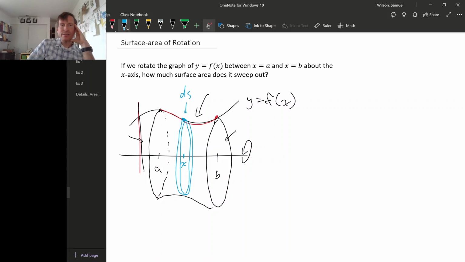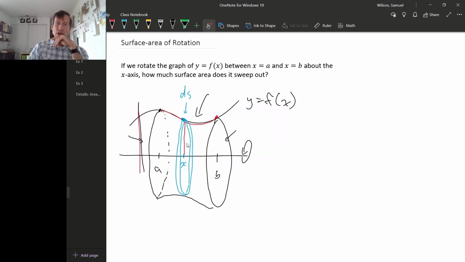The radius that this bit of arc length is moving around is this red distance here. To get the area of just this one band, we need to figure out how we could take the arc length of this starting segment and figure out how much area it sweeps out.